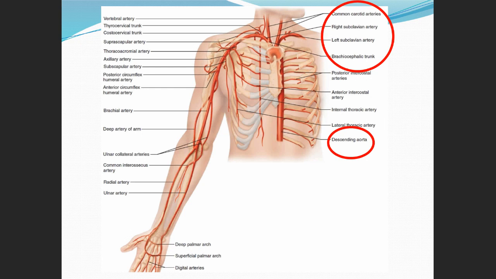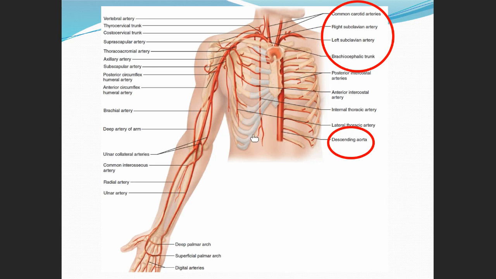The arteries, okay, so I just circled the ones that are important, at least for today's lab. We have the ascending aorta, and then the arch of the aorta, and the descending aorta. I'm not sure if on your slide or on your list it says abdominal and thoracic descending, or is it just descending? But for reference, the descending aorta, if it's in the chest area, is known as the descending thoracic.